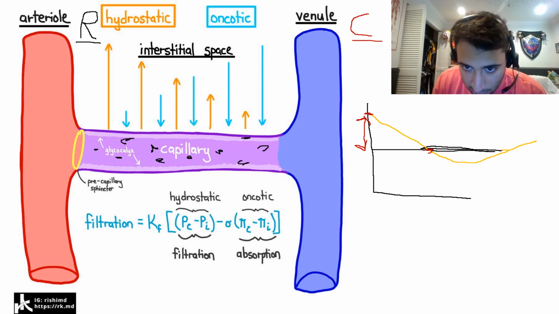At this point, there's no fluid exchange. But then what happens? The oncotic pressure rises above the hydrostatic pressure, right? And it's not because the oncotic pressure is rising. I think the better way to say it would be the hydrostatic pressure is falling below the oncotic pressure.